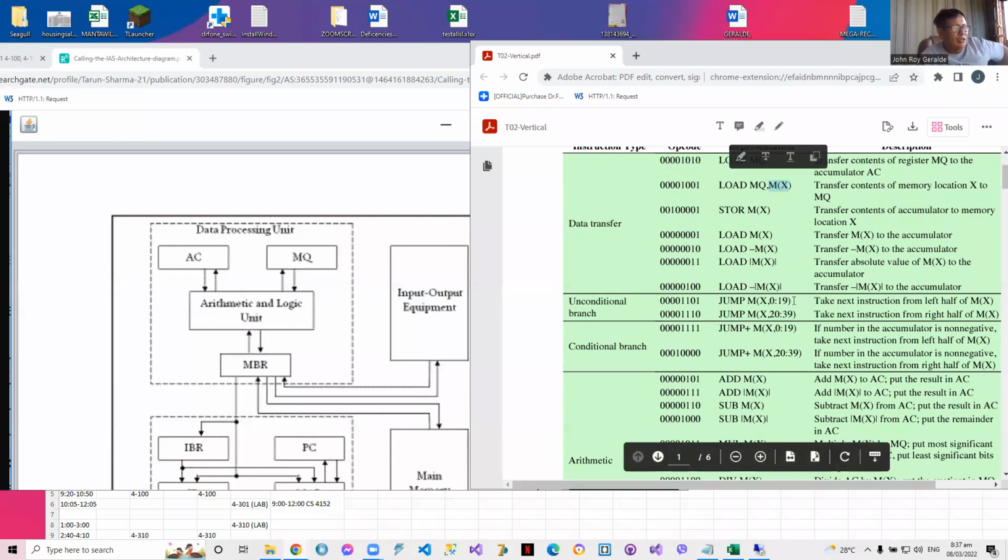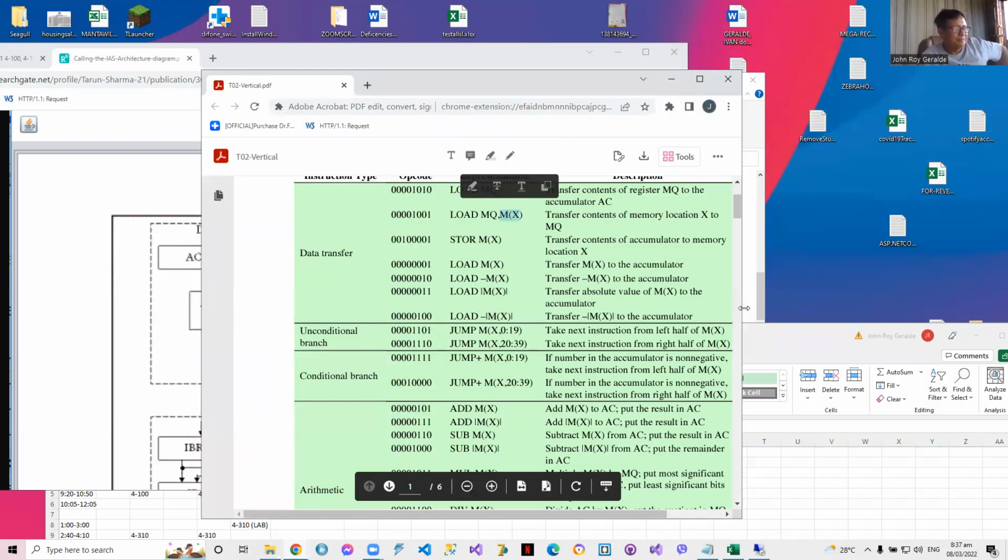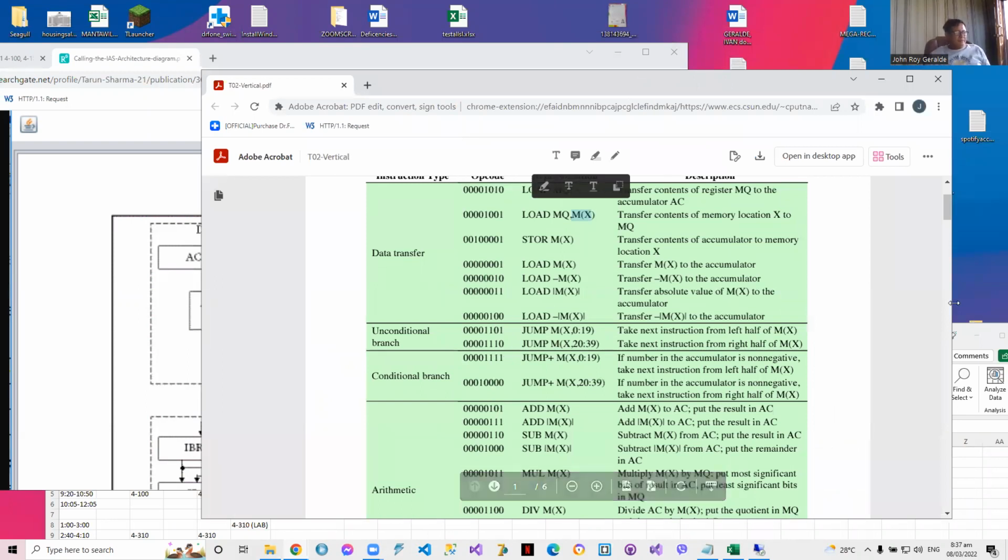Okay, there are conditional jumps. There are jumps: jump X 0 to 19 and jump X 20 to 39. Let us study this. The first jump is also called jump to the left. The second jump is jump to the right.